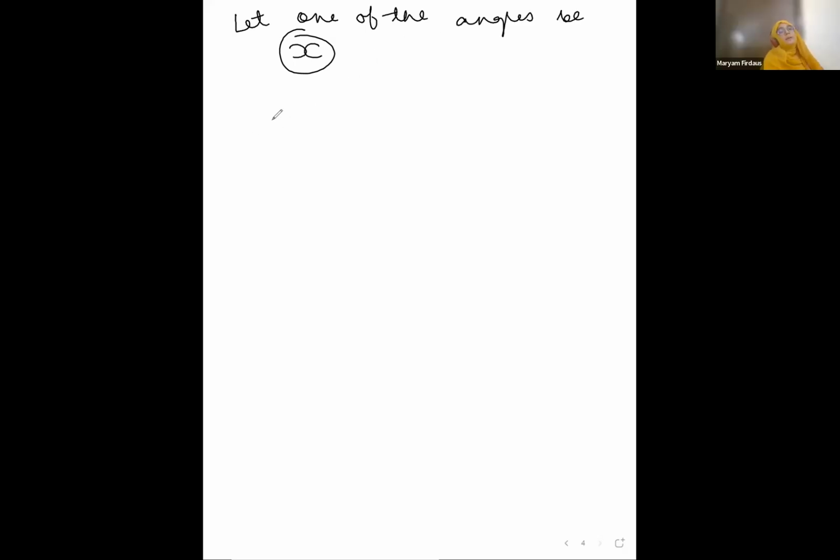Then the other one will be 90 minus x. Let's keep that aside. But they are saying they are consecutive even integers, right?